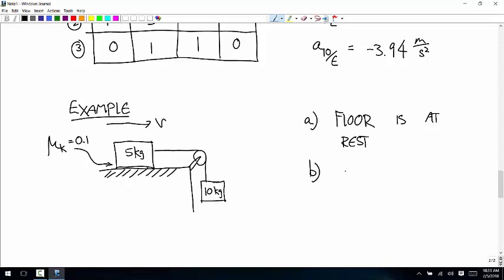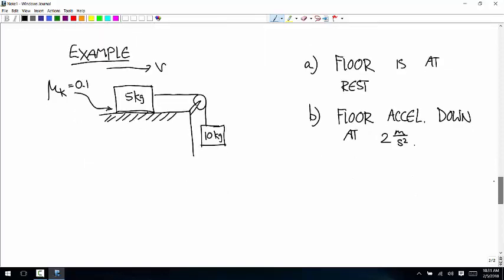And then for the second one, we'll say the floor is accelerating down at 2 meters per second squared. And in both cases, we want to calculate the acceleration of the 5 kilogram box. And really we want it relative to the floor in both cases.